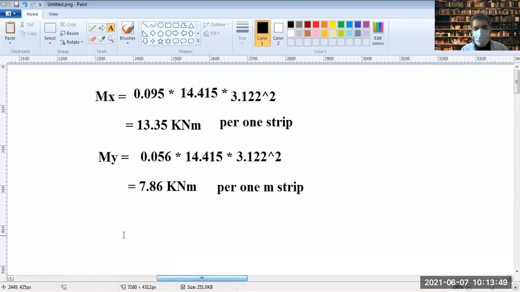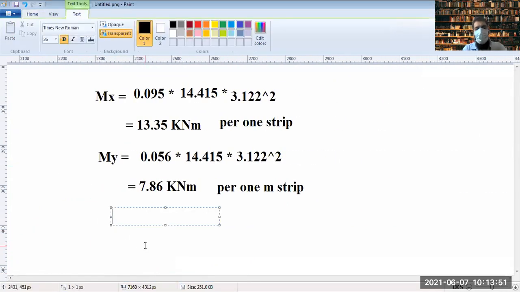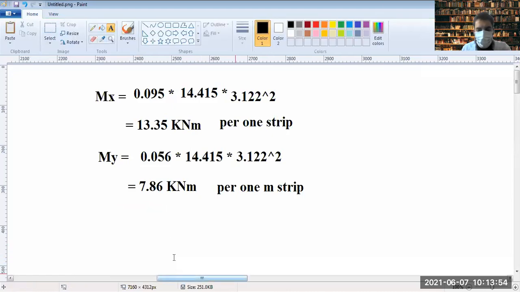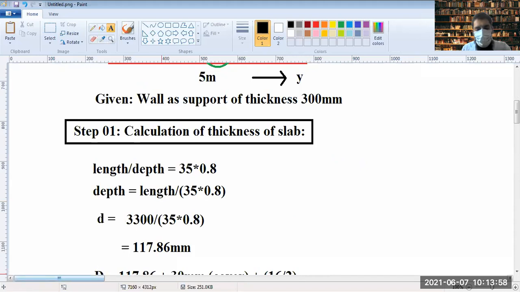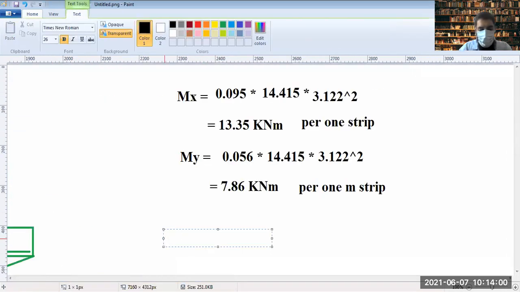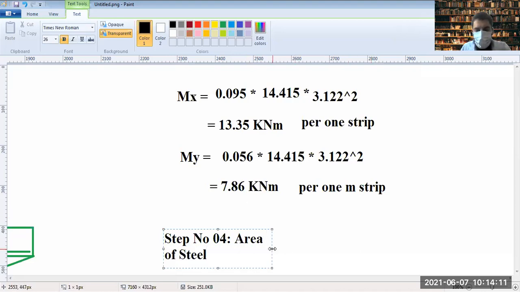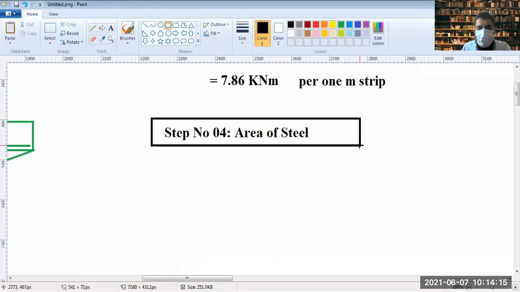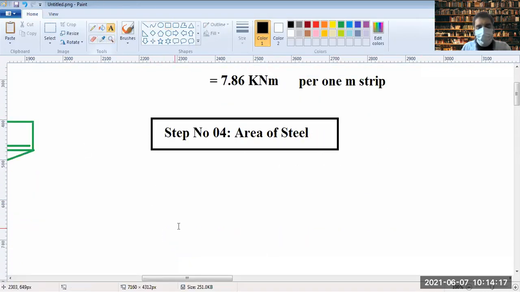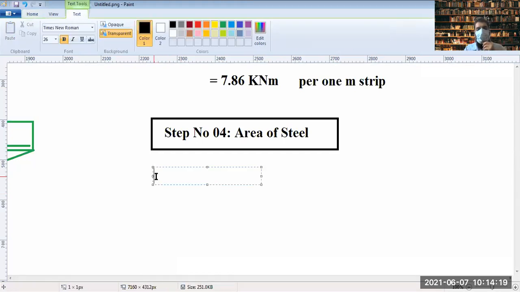Thereby, what is the next step? We have gone from step number 1, 2, 3, 4. Our next step then is to calculate the area of steel for this section. Along both the directions, you have to calculate the area of steel separately.